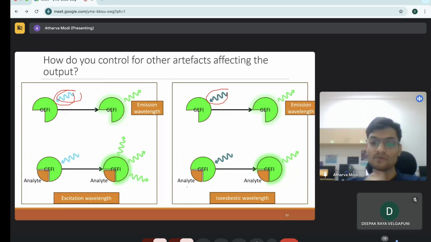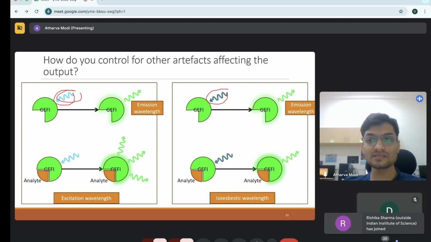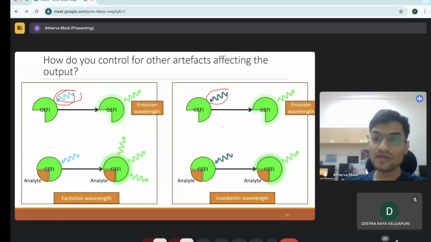So most biosensors have this property that if you shine the isosbestic wavelength, it does not depend on the analyte. So basically, any change in the emission when you are shining the isosbestic one is not due to the presence of analyte but due to the external factors. And we assume that these changes are proportional.